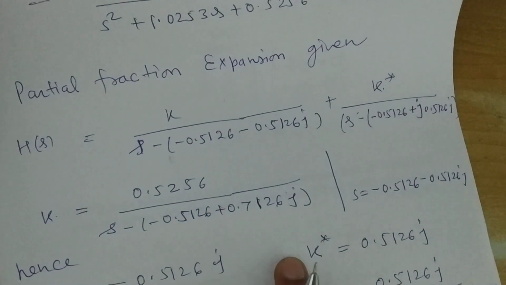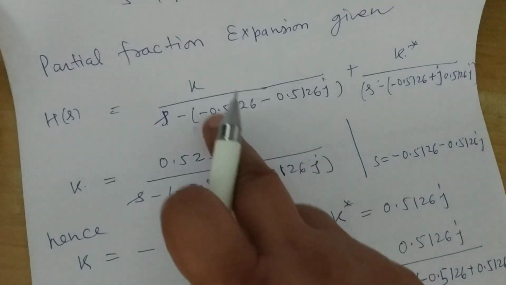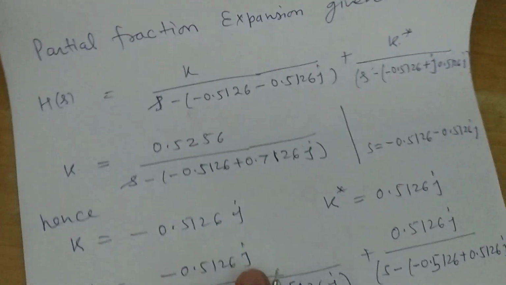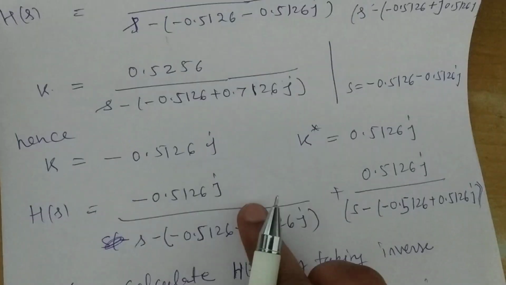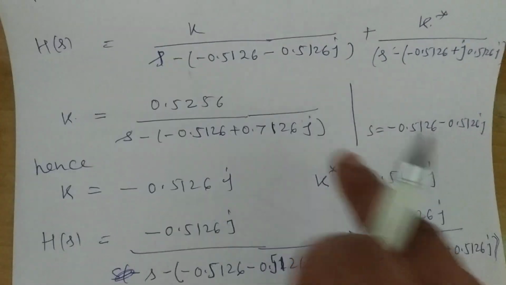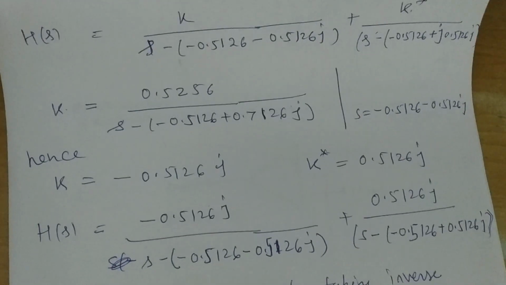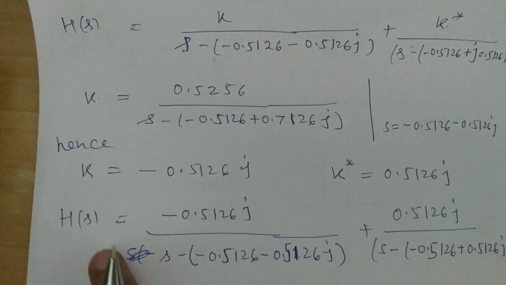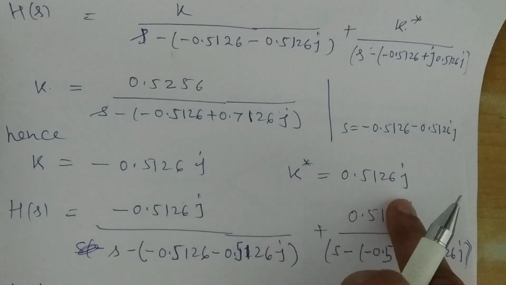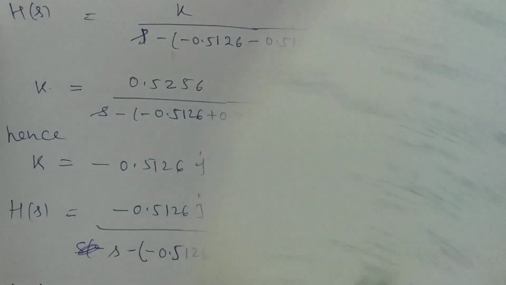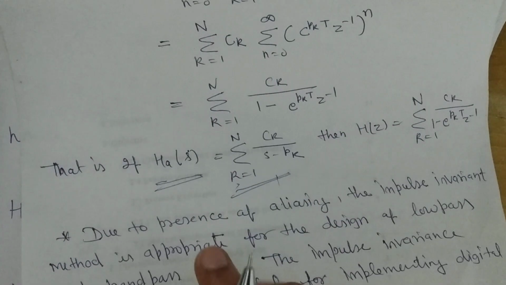As per this, we find the values of the numerators, and these will be the two values. I have solved all these things here for you. And now this H(s) is in the desired form, as we have seen in this particular equation.